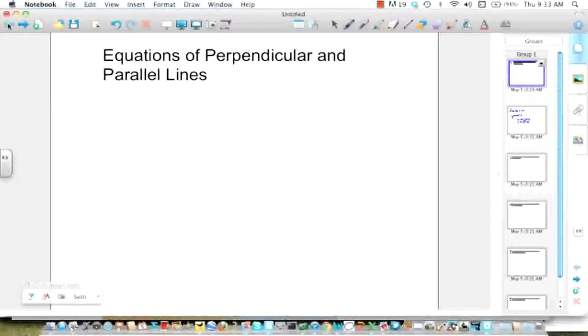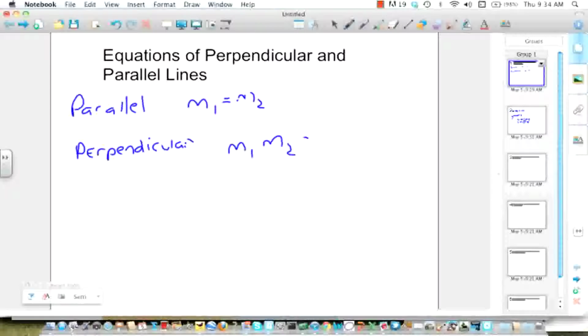Alright, so equations of perpendicular and parallel lines. What do we know about parallel? When two lines are parallel, they have the same gradient, so m1 equals m2. So when you see the word parallel, think the gradients are the same. And when we see the word perpendicular, the product of the two gradients, m1 times m2, is negative 1.